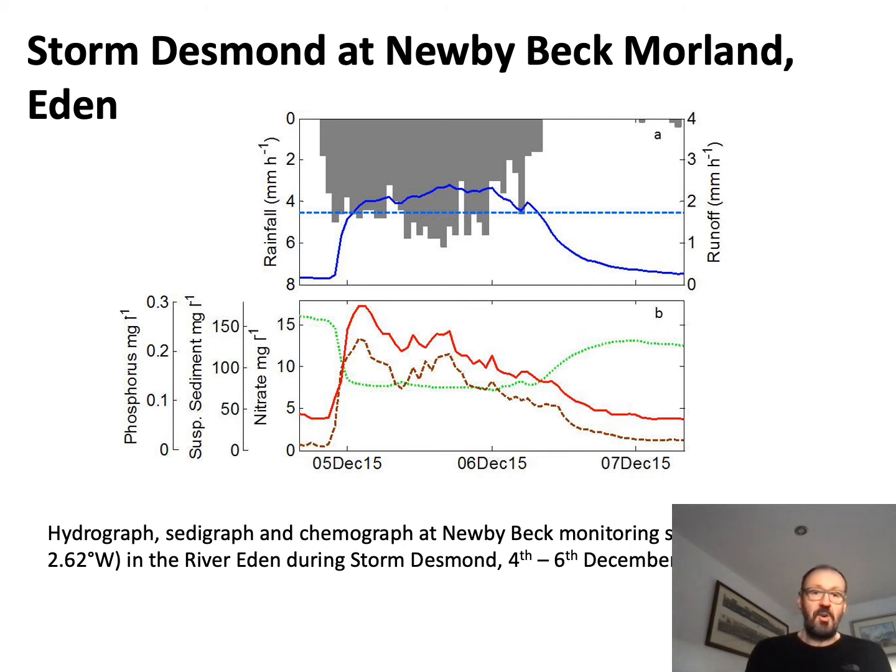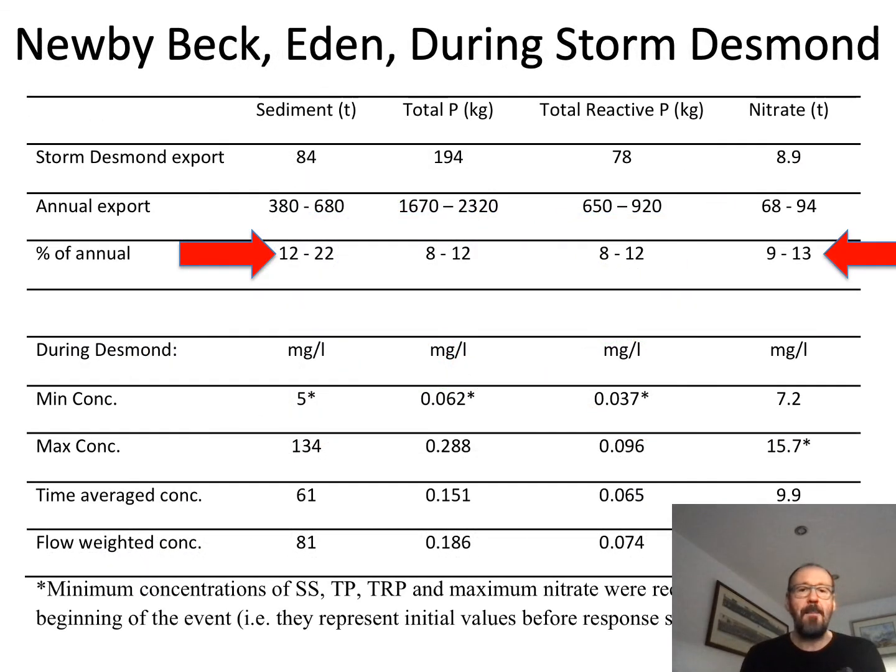The top slide shows the rainfall, the storm discharge and the runoff, and then the other slides show the nutrients. Here we have the amount of sediment that was lost during the storm, the total phosphorus, total reactive phosphorus, which is a nuanced form of analytically determined phosphorus, and the nitrate, which is an oxidized form of nitrogen.